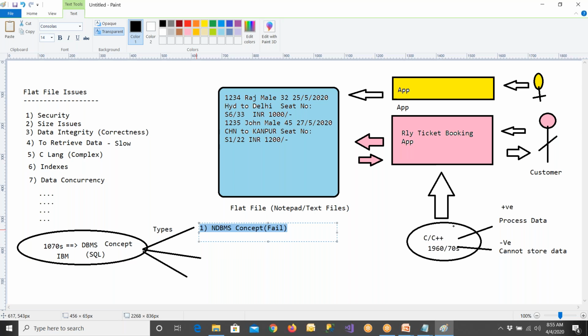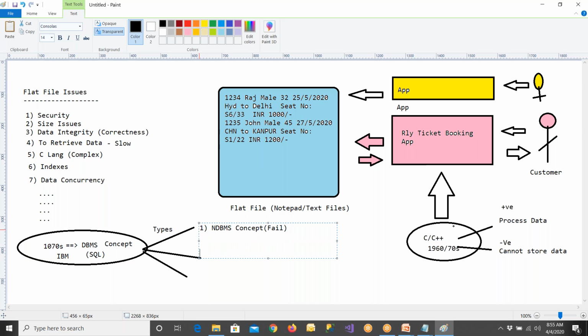For example, I wanted to build a road to my town. So I wanted to construct a road. The road could be a cement road or a mud road or a tar road, or you can have any other road. So there are various types you can use. Like that, I wanted to store the data. You can have different types of concepts. One is called network DBMS.